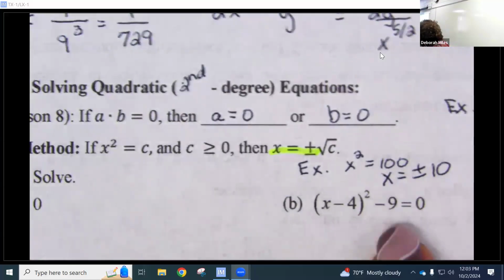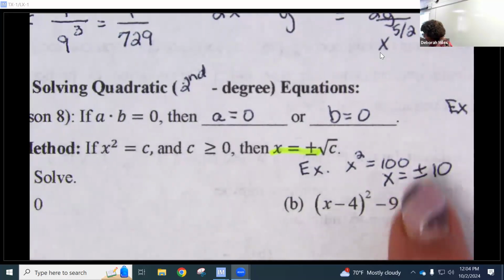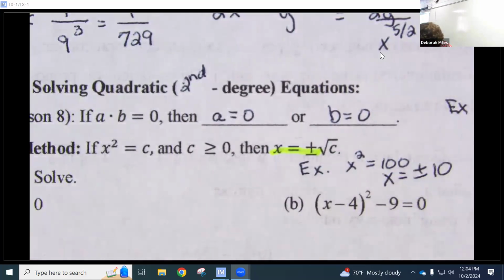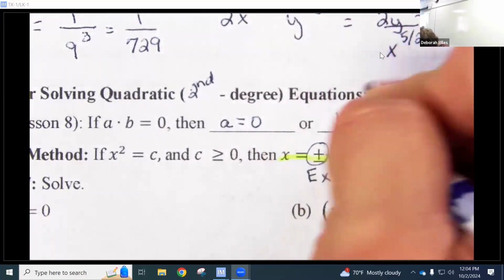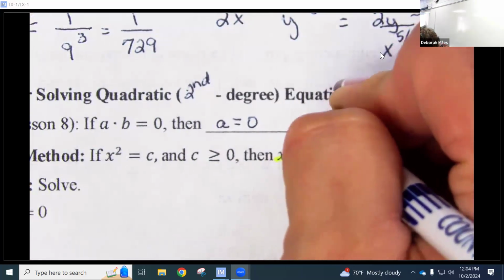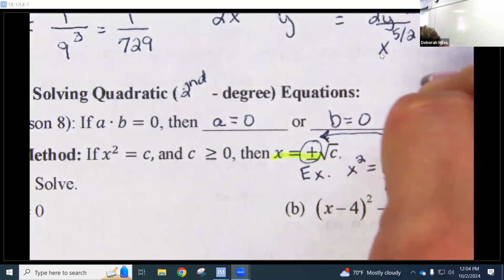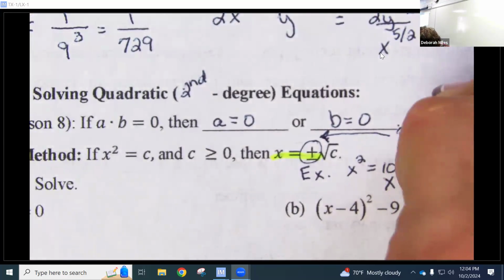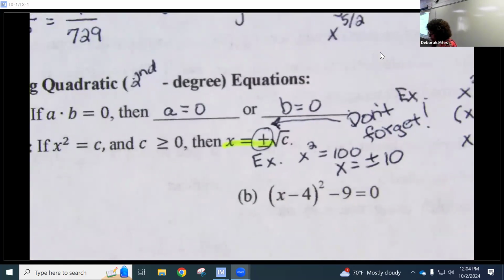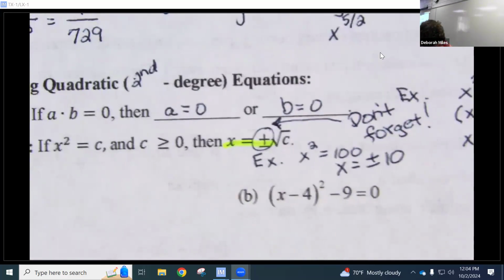That's how you get the positive or negative 10, not just 10. I'm gonna circle it and put a big old arrow to it and say, when you take the square root of both sides, don't forget your plus or minus.